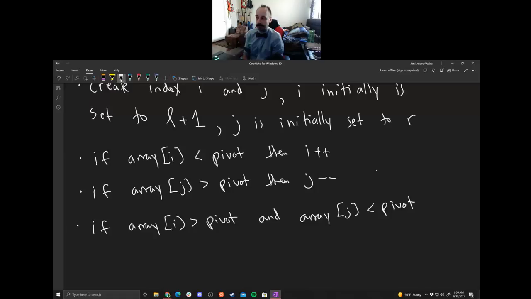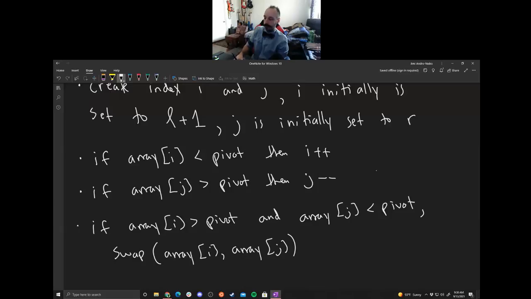So to break this deadlock, we're going to swap array index I with array index j, and then we're going to set I plus plus and j minus minus, because now we swapped those two items, so now the I's and j's can safely move.